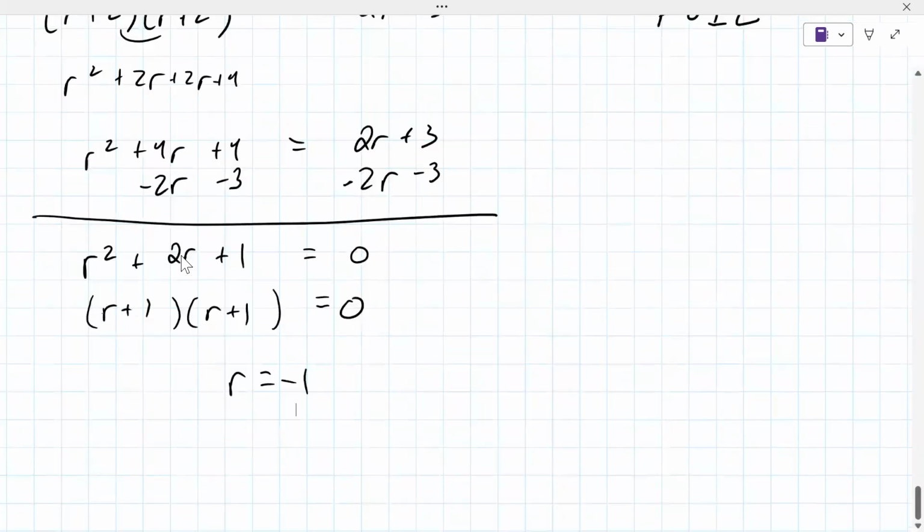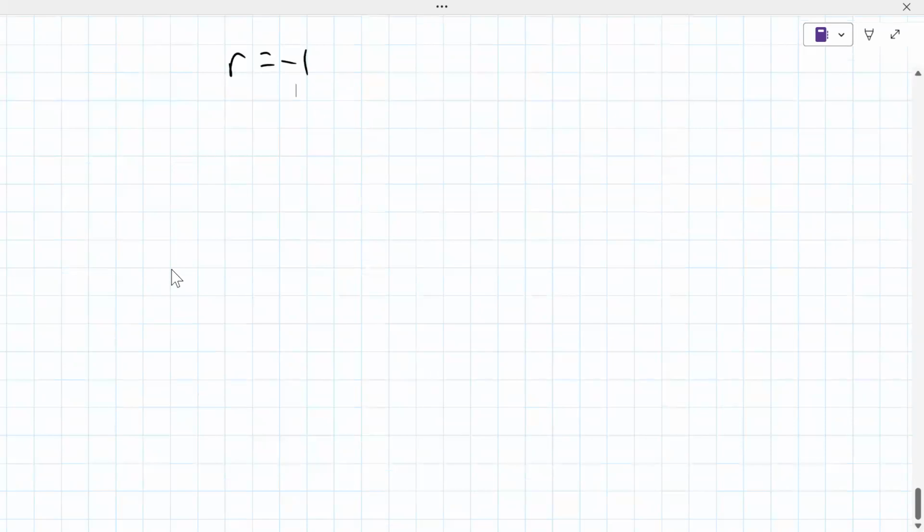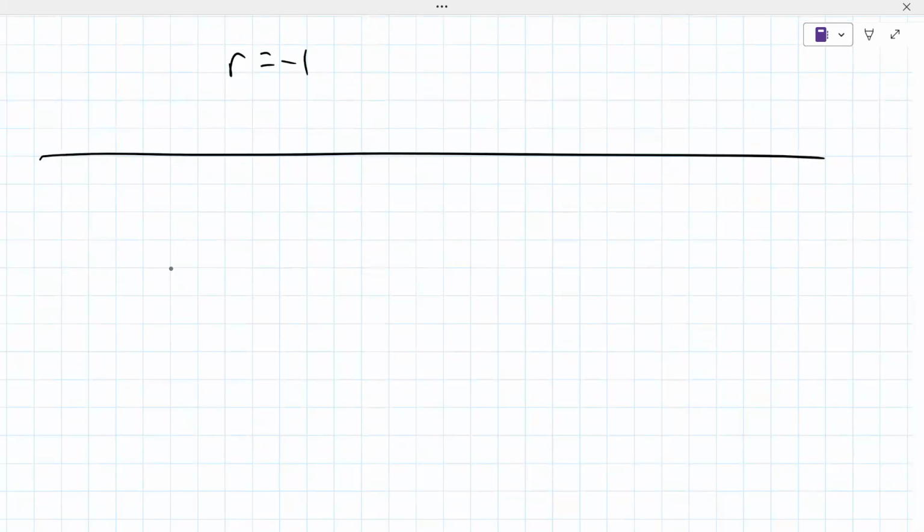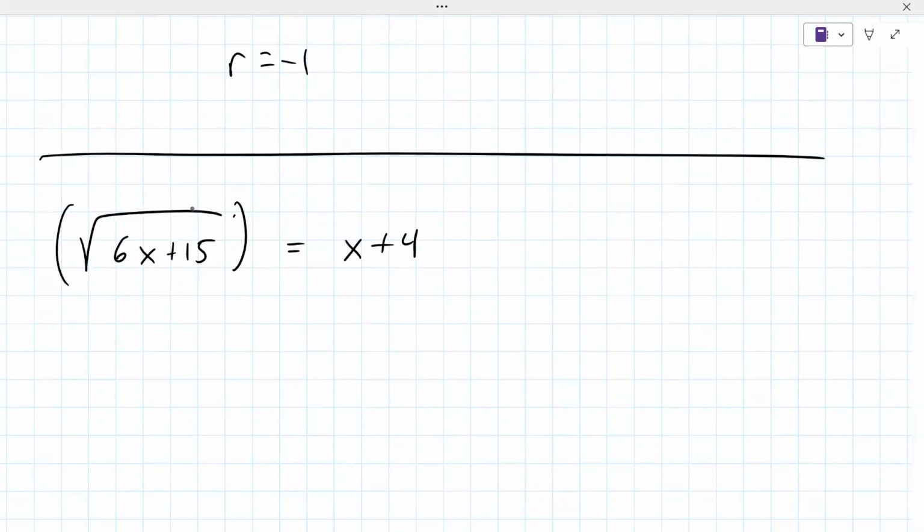Let's do one more with our remaining time. We'll do it together. That way we can step all the way through it. Square root on one side. How do you undo a square root? You have to square both sides.